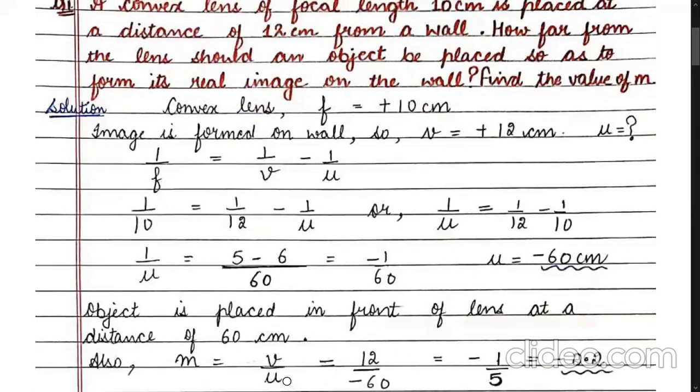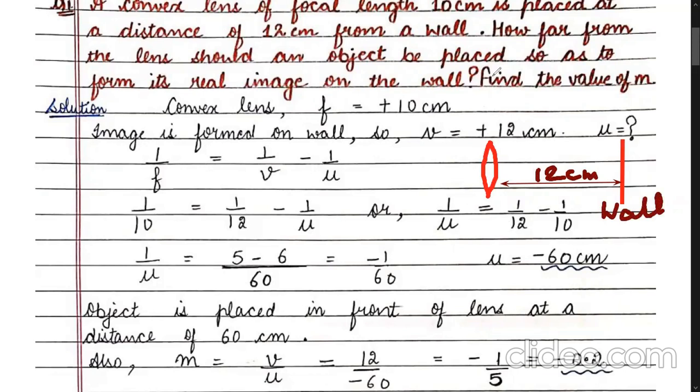If we draw a rough diagram of this statement, it is something like this: you have a convex lens placed at a distance of 12 centimeter from the wall. So suppose we have a wall, and the distance between the convex lens and the wall is 12 centimeter.